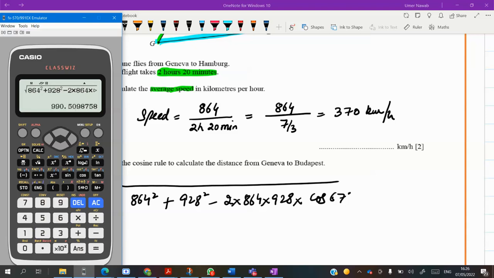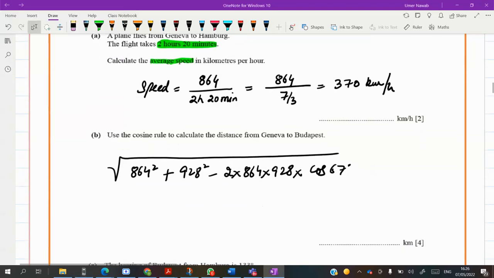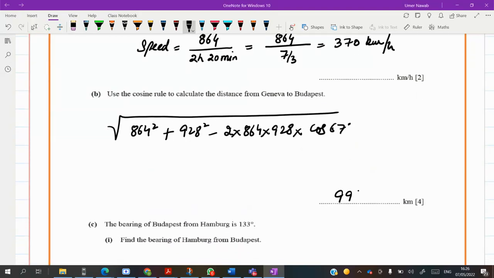We will write it in the calculator. The answer is 990 or 991, I can say that. 991 kilometers to three significant figures.